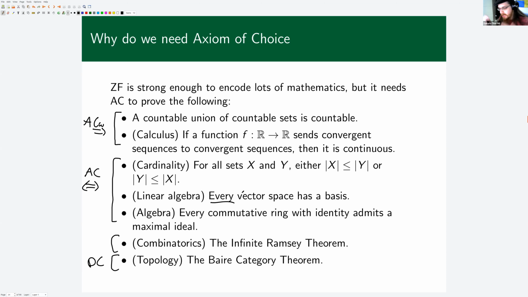If you have some complicated vector space, once you use the axiom of choice to say it has a basis, then you can use that spooky basis you pulled from the ether to build all sorts of other ones. I expect that if you have a commutative ring and you pull a maximal ideal out of thin air using choice, then you can use it to get others. I'm not actually sure on that. Maybe Jim can confirm or deny. I know there are local rings where the maximal ideal is unique.